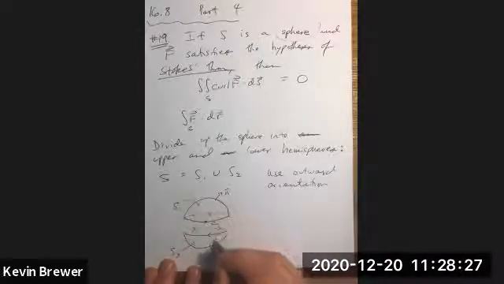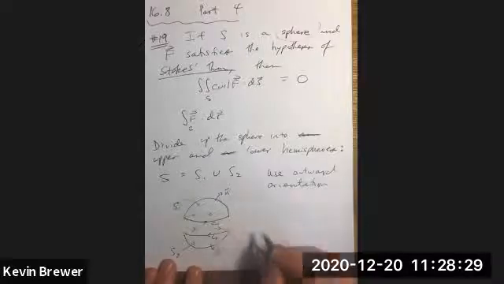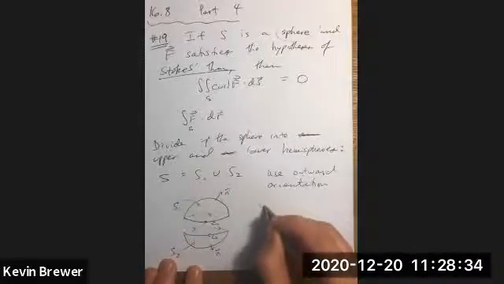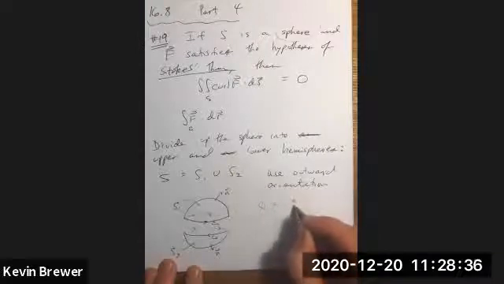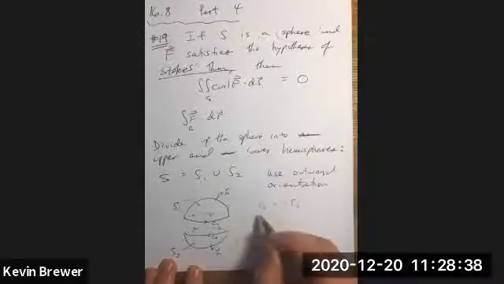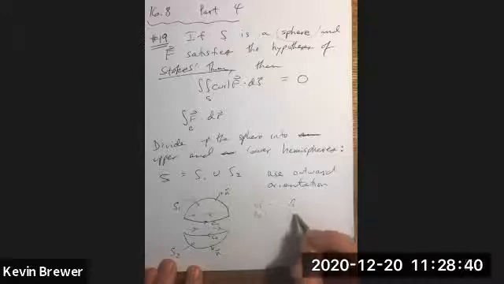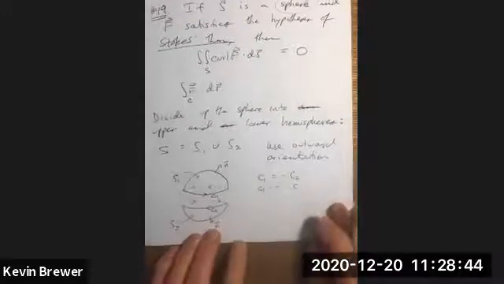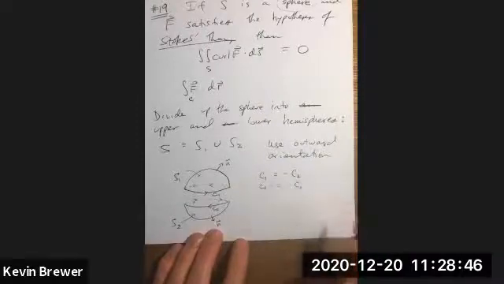So let's call these C1 and C2. The key point is that C1 is equal to minus C2, or C2 is minus C1. They're the same curve, just with opposite directions.